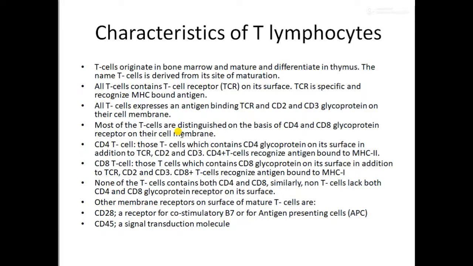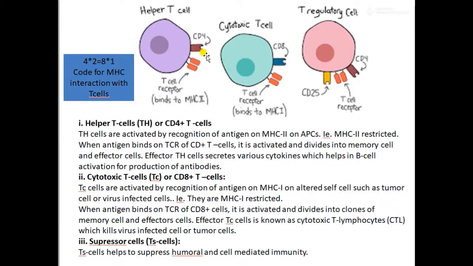If they have a CD4 receptor, you call it one particular type; if you have a CD8 receptor, you call it another. If you have a CD4 receptor, you call it a helper T cell, and if you have a CD8 receptor, you call it a cytotoxic T cell.